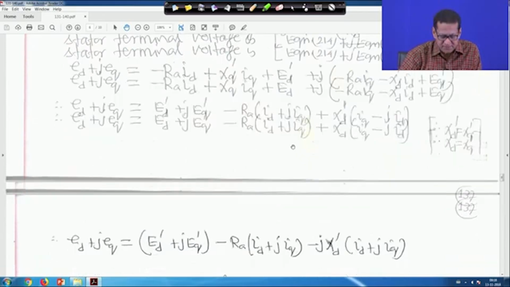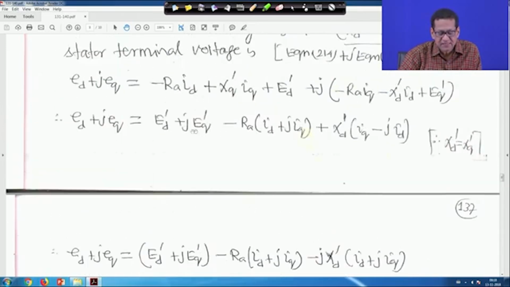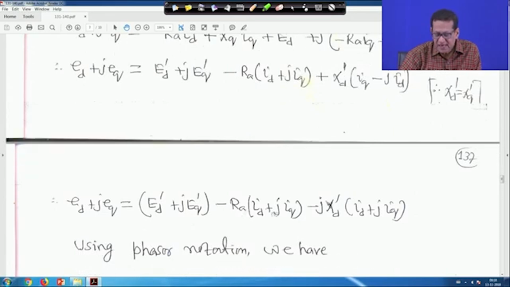Therefore, E d plus j E q equals E d dash plus j E q dash minus R A I d plus j I q minus j x d dash I d plus j I q, assuming x d dash is equal to x q dash.